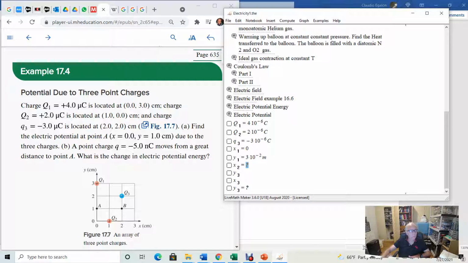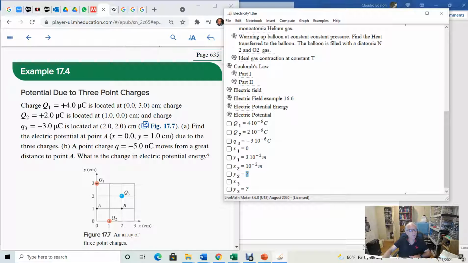What is x2? 3 times 10 to minus 2 meters, 3 centimeters.